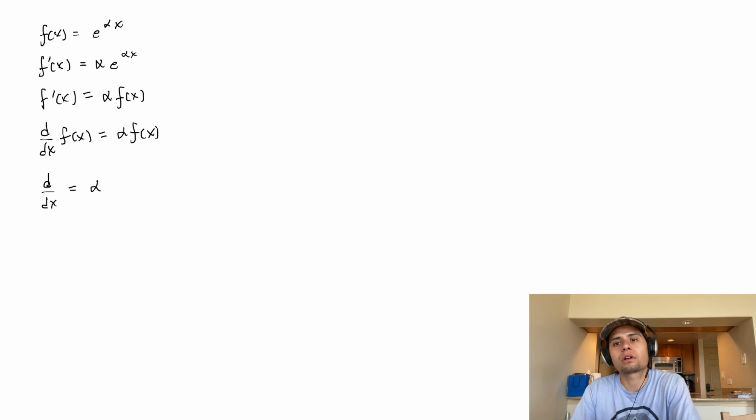So we don't have to go through the complications of actually taking the derivative of maybe some complex function. We can merely just multiply it by this number here, complex or not complex, right?